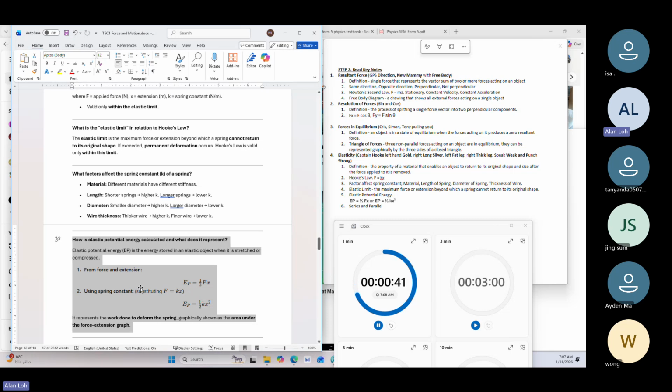So there are two equations. Twenty seconds.